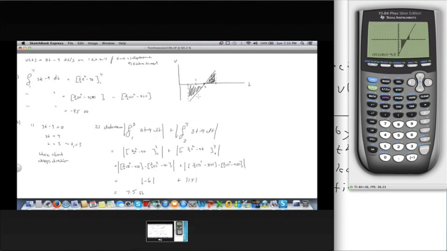So where in your work did you figure out the area between 1 and 3? Right here. And you got negative 6. Right, that's right. So we already know that area is 6. And what's the area above the axis? 1.5. That's right. So you can see the area below really did turn out to be bigger than the area above. So how did the distance come out to be positive? Even so, because we took the absolute values there.